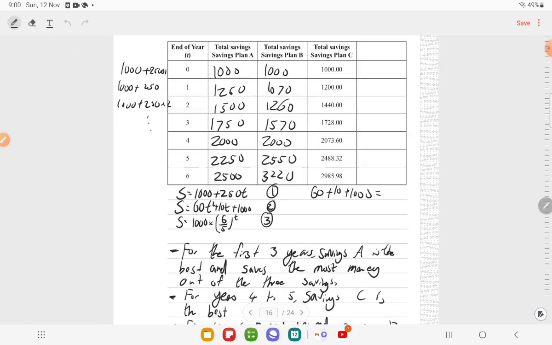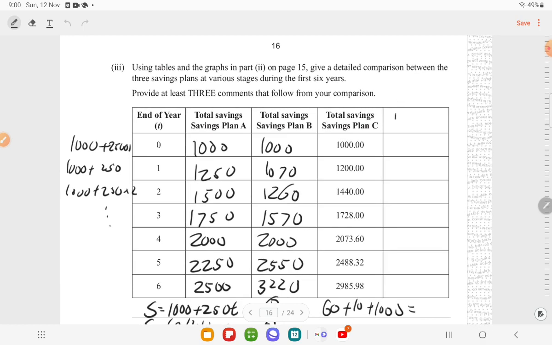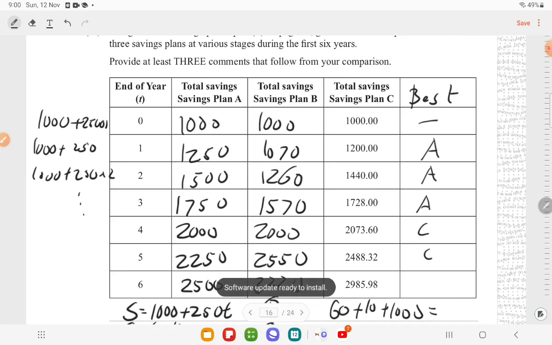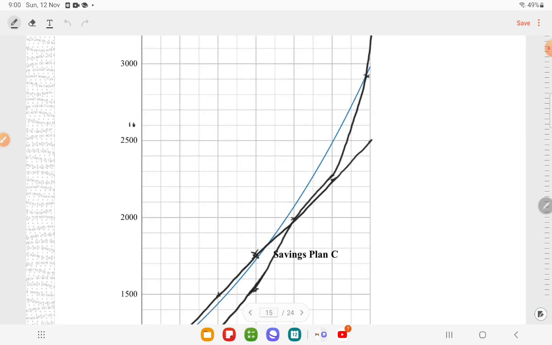Right, using tables, give a detailed comparison between. Okay, so best is nothing. A C C. Oh, wait. No. This point is supposed to be around here. I don't know how I messed that up.